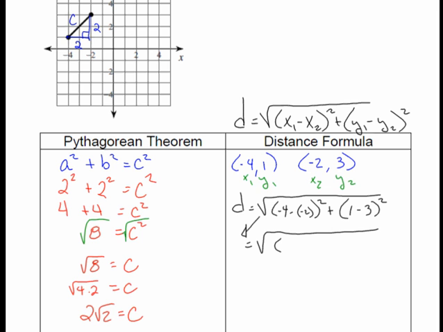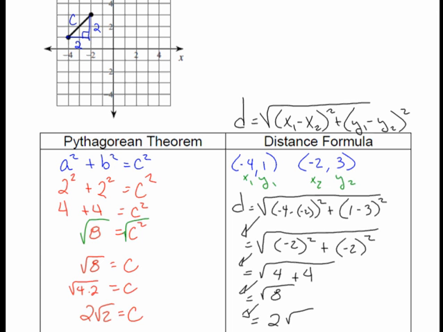This becomes (-2) squared plus (-2) squared, which becomes the square root of 4 plus 4, which is the square root of 8. And we've already determined the square root of 8 is really 2 square root of 2. For each of these, you should get the same answer when you do both processes.